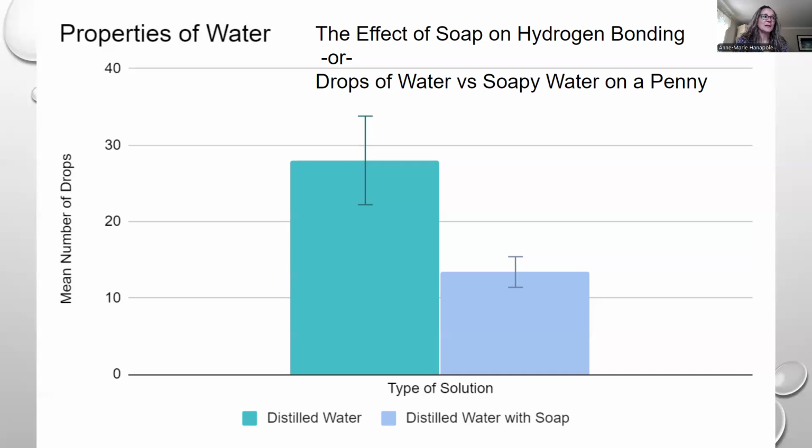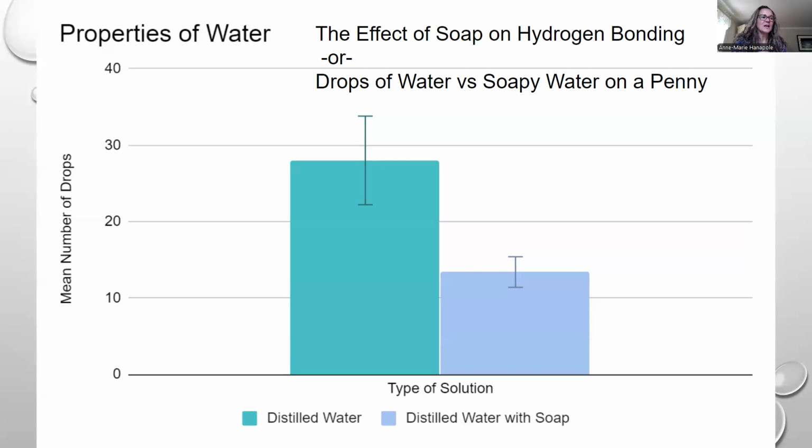So our claim would be you can fit more drops of distilled water on a penny than you can distilled water with soap. And our evidence would be our averages or our mean, and then our SEMs, so plus or minus 2 SEMs. And then our reasoning would be an explanation of how the means are different and the error bars do not overlap.